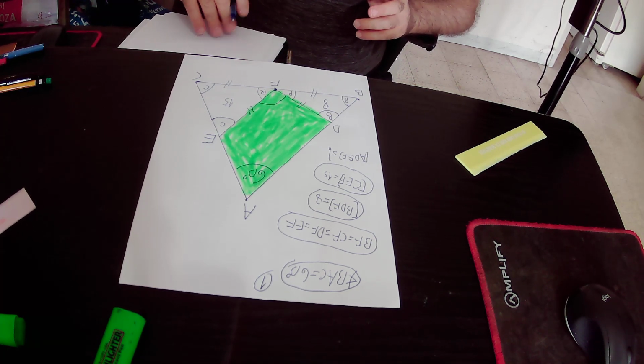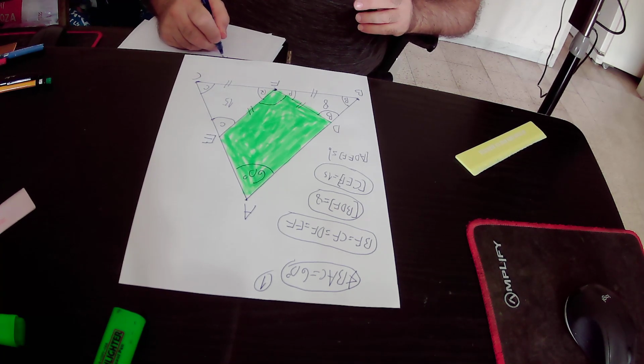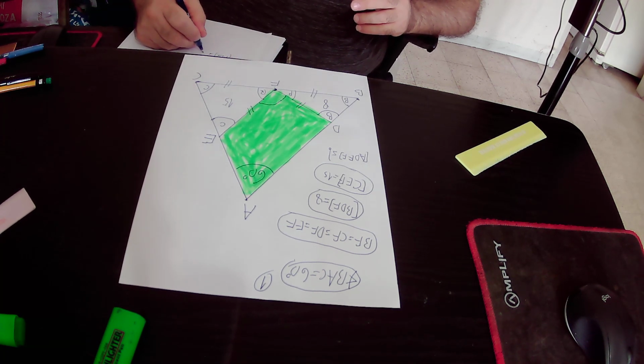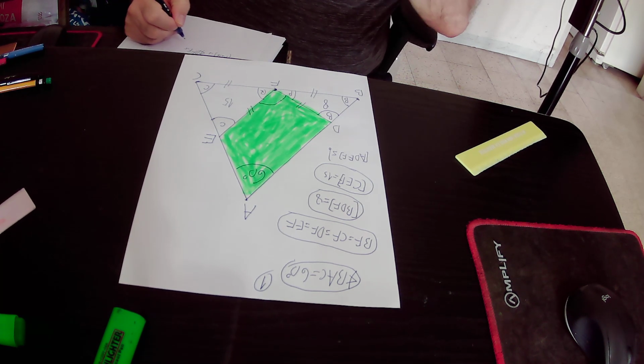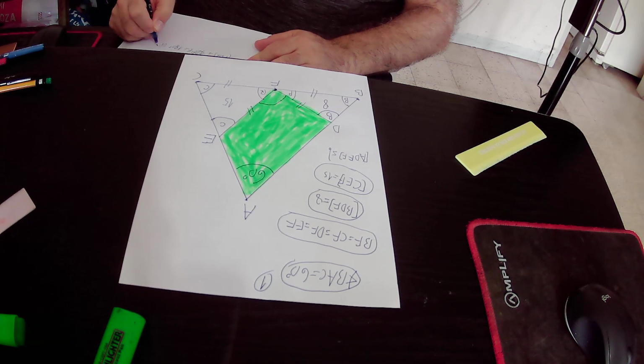So we can write down that P plus Q plus angle DFE must be equal to 180 degrees according to rule number 2.